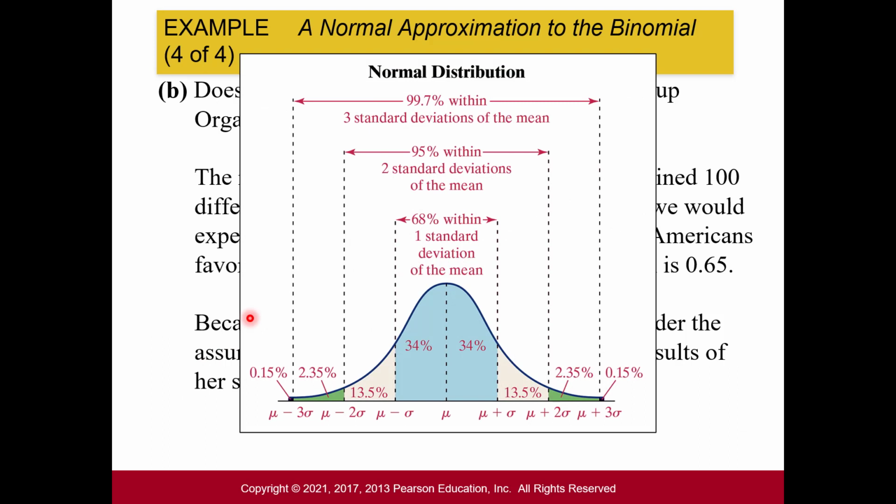Here's your empirical rule for normal distribution. Two standard deviations to the left of the mean or 2 standard deviations to the right of the mean would be considered normal. Because this result is not outside of this range of 2 standard deviations away from the mean, that's why we can say that it's not unusual.